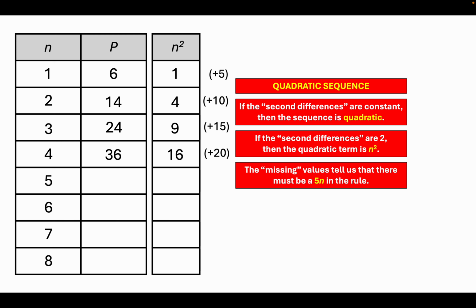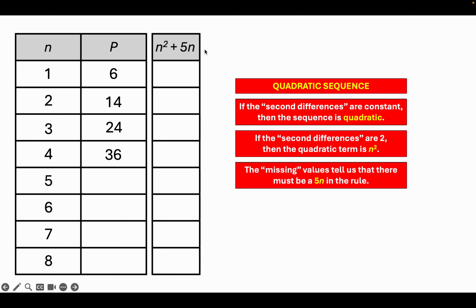The values that we're missing are going up by 5 every time, which tells us there must be a 5n in the rule, because every time n goes up by 1, we need something that goes up by 5. So we have to have a 5n in the rule. We've already got an n squared, so we try n squared plus 5n.